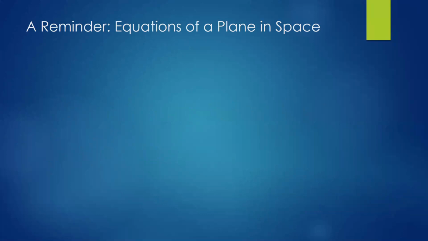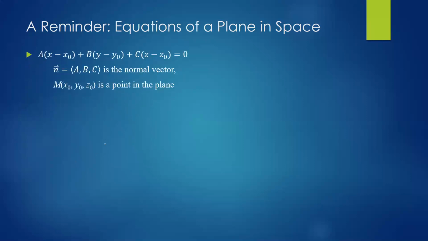Everything else we have been revising, but equations of a plane in space was just last time. So let's have a look at what equations of a plane in space are possible. Remember that we had an equation using the normal vector, that is the vector that was perpendicular to the plane, and a point in the plane.